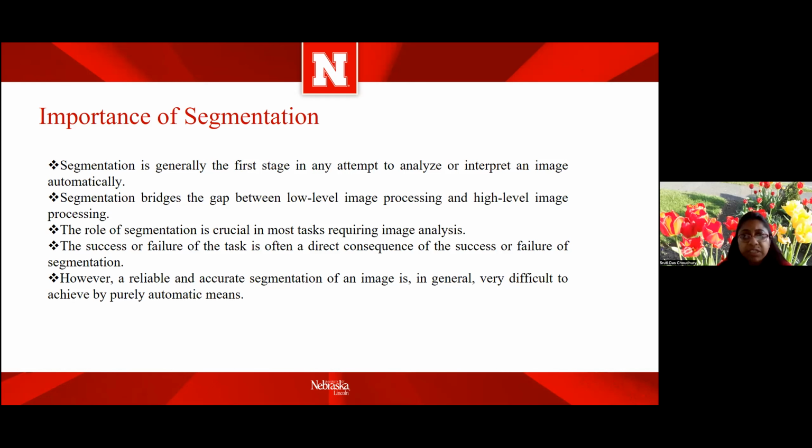On top of it, the high-level image processing applications reside. The role of segmentation is crucial in most tasks requiring image analysis, and the accuracy of the task largely depends on the accuracy of the segmentation. The success or failure of the task is often a direct consequence of the success or failure of segmentation.